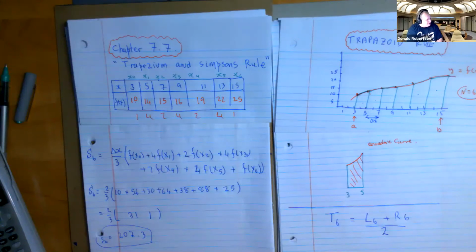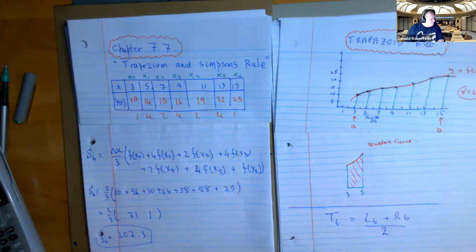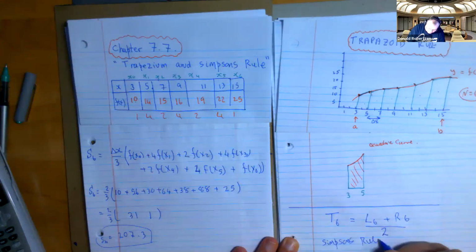Do you see it does work? And so in a way, isn't that just the average of the left and right guy? And the second thing is, Simpson's rule needs an even number of strips.